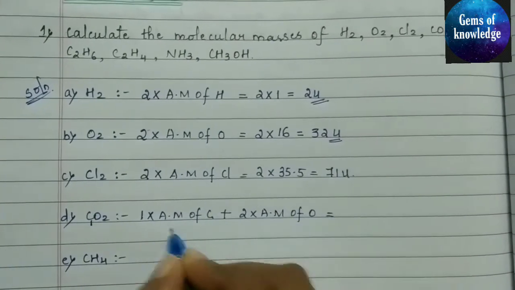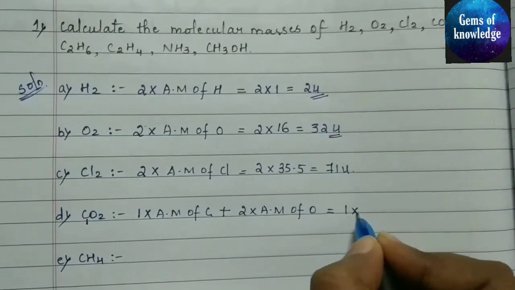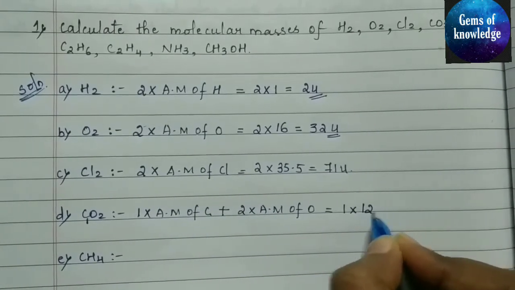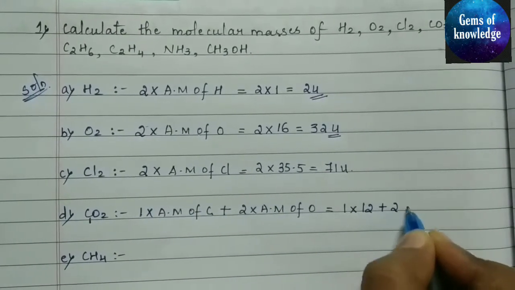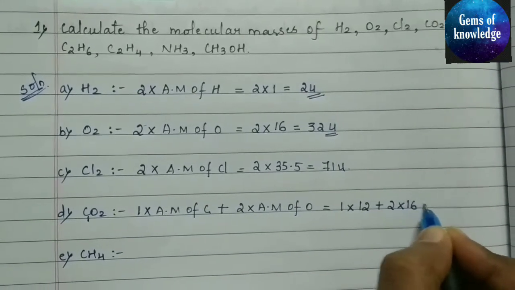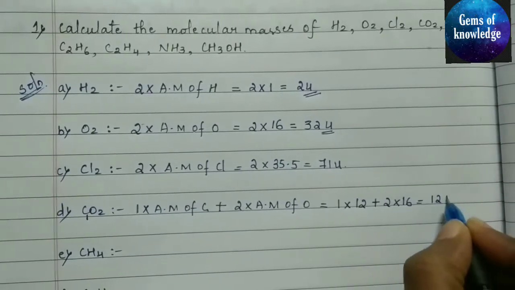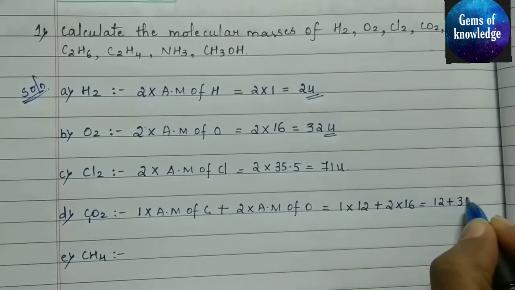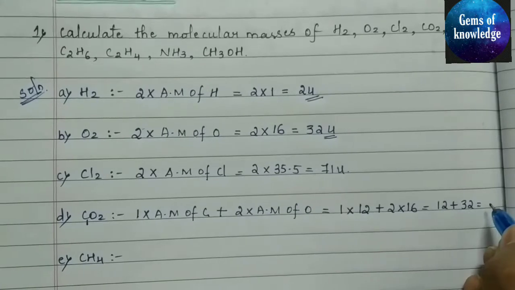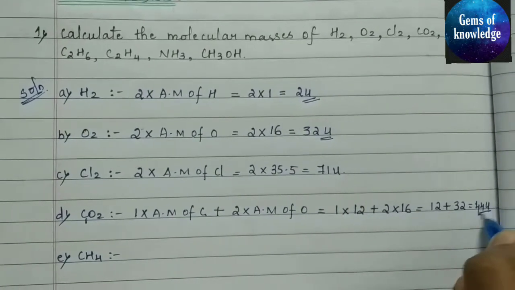So it is 1 into the carbon atomic mass, which is 12, plus 2 into the atomic mass of oxygen, which is 16. So we are getting 1 into 12 is 12 plus 16 2s are 32. So we are getting the answer as 44 units.